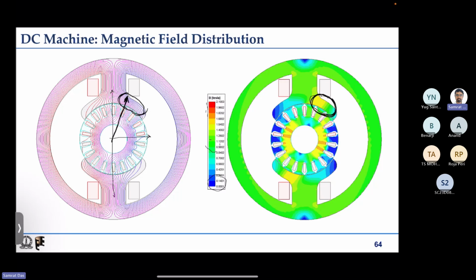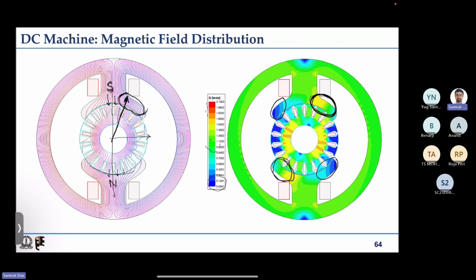So you can see that on one side of the stator pole you have higher flux density compared to the other side, and the same thing happens on the diametrically opposite side of the stator pole. So one side gets stronger, another side gets weaker. Because of that there is a torque production, and this can simply be put like this. If it is a south pole, because flux lines are leaving the stator surface here, then north pole, because they are entering the stator surface here.